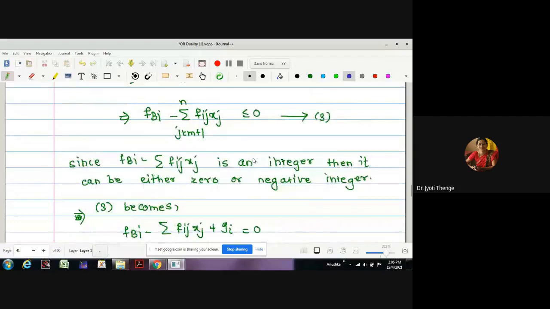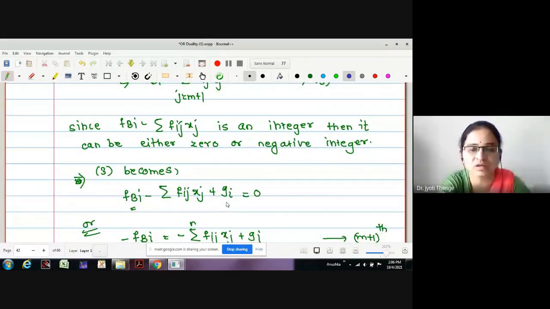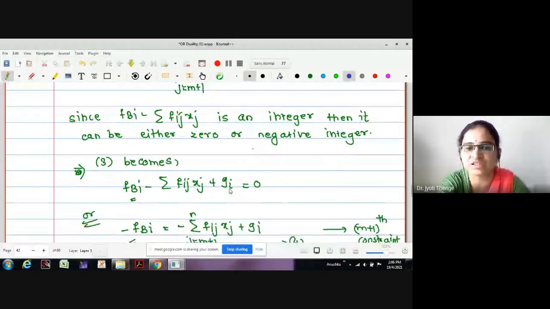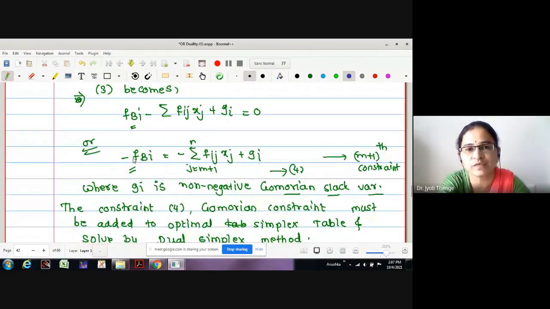So, writing this Gomorian constraint as an equation with the help of slack variable gi, this is the equation we have obtained, number 4, called the Gomorian constraint or Gomorian equation. If you observe the left hand side, which is the value of your Gomorian variable, it is going to be negative, therefore it is going to disturb the feasibility of our solution.